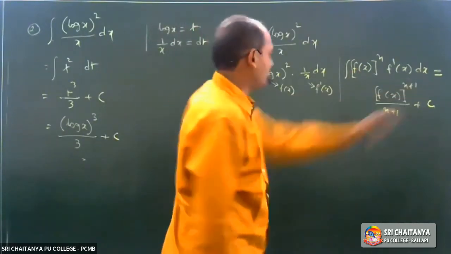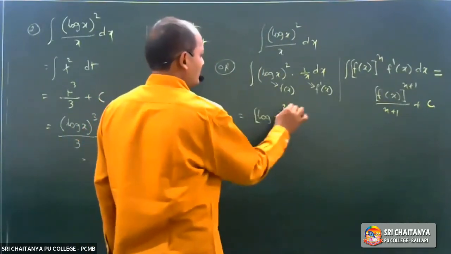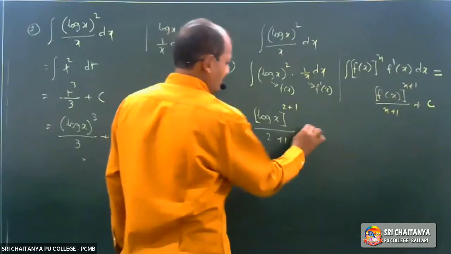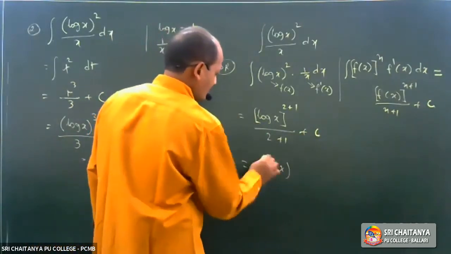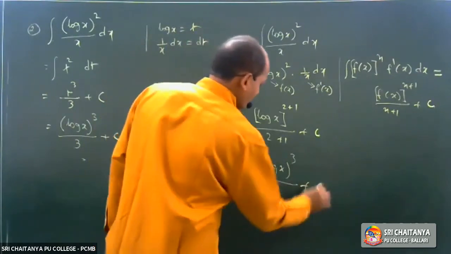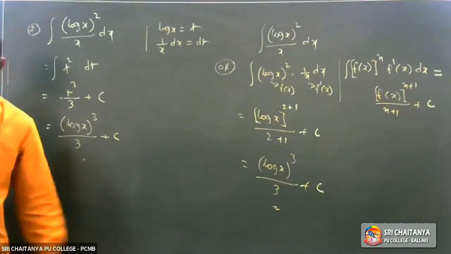So clearly it is log x whole power 2 plus 1 divided by 2 plus 1 plus c, that is log x whole cube divided by 3 plus c. Okay, write it down.